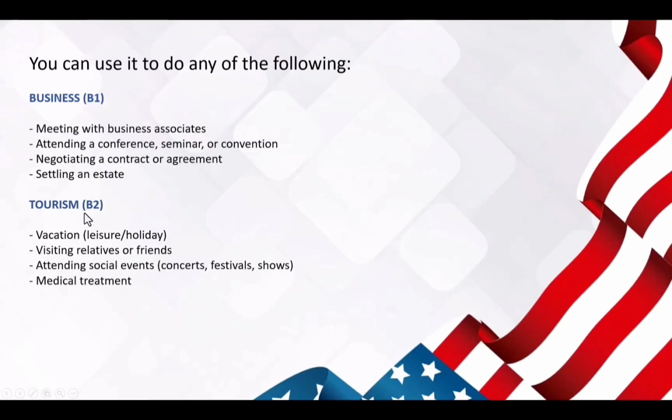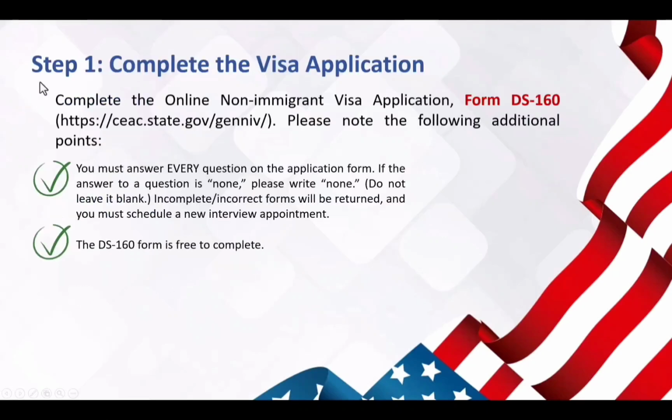And for tourism B2, vacation, leisure, or holiday, visiting relatives or friends, attending social events, concerts, festivals, and shows, and for medical treatment. And here are the steps that you need to do.